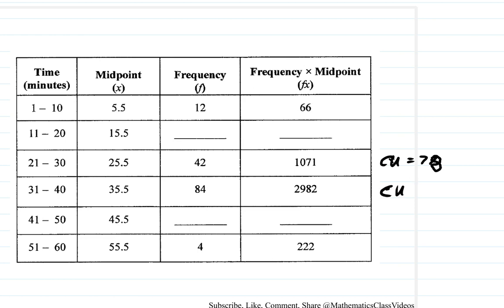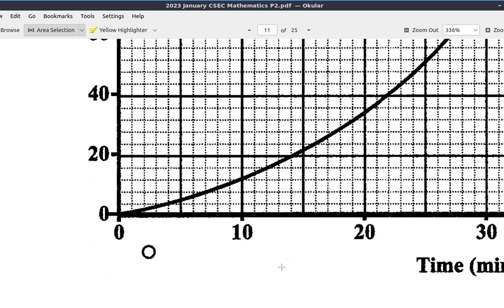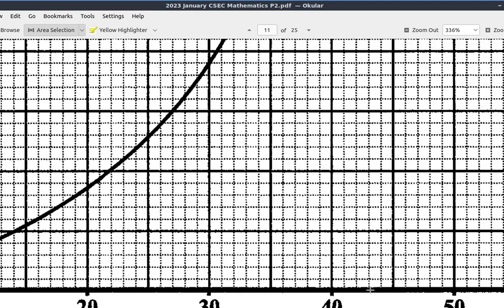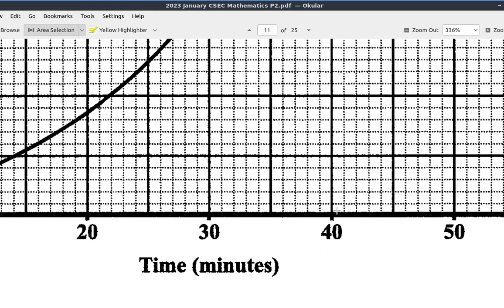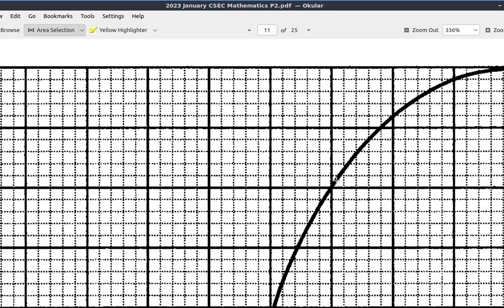What was the cumulative frequency here, at 40.5? We're just examining it closely to see how they get that figure. 40.5 would be halfway between 40 and the next square. So let's go up to the curve. When we meet the curve right here, we project to the left.